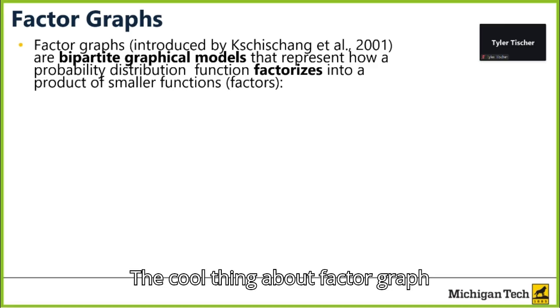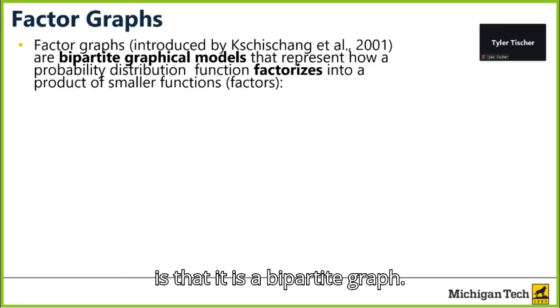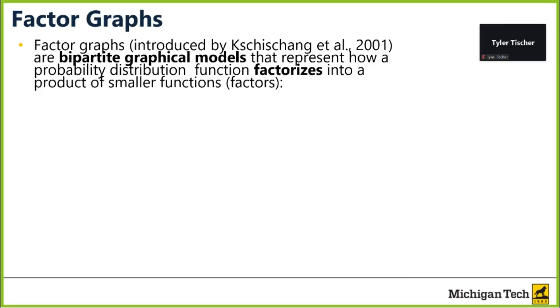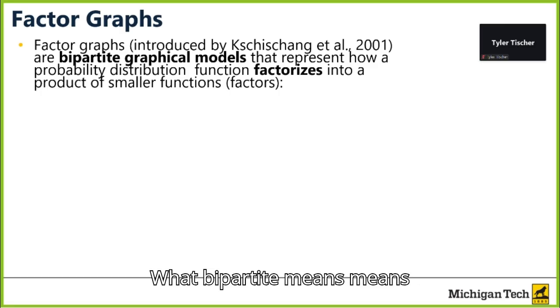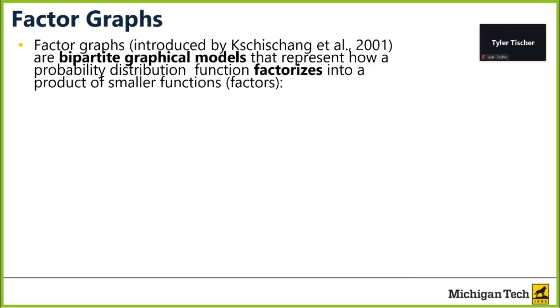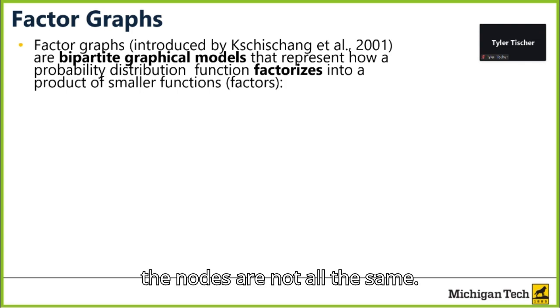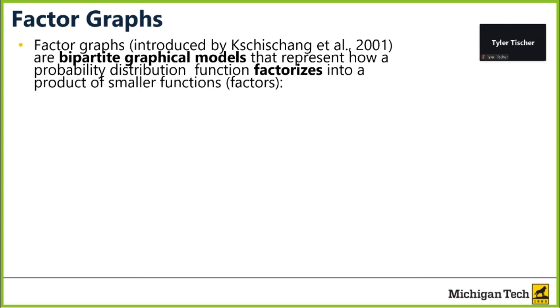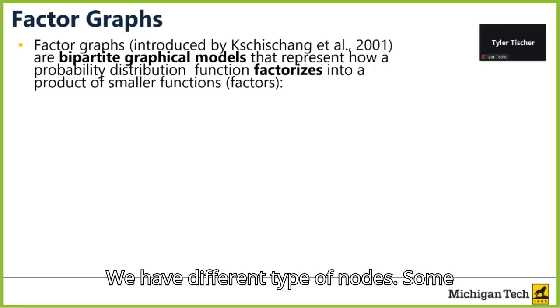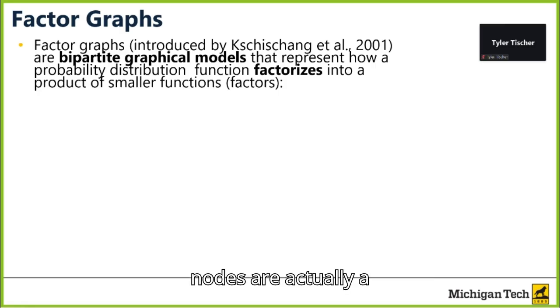The cool thing about a factor graph is that it is a bipartite graph. What bipartite means is that the nodes are not all the same. We have different types of nodes. Some nodes are states, the ones that we want to estimate, and other nodes are factors.